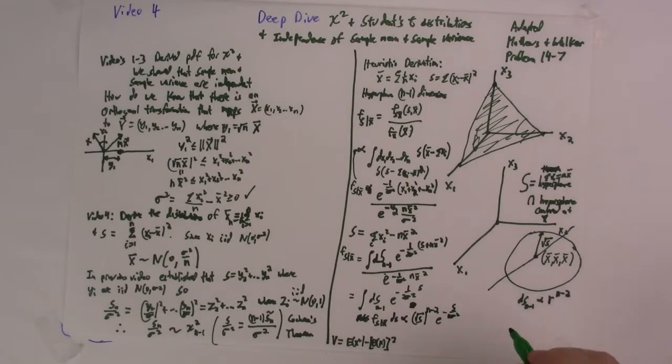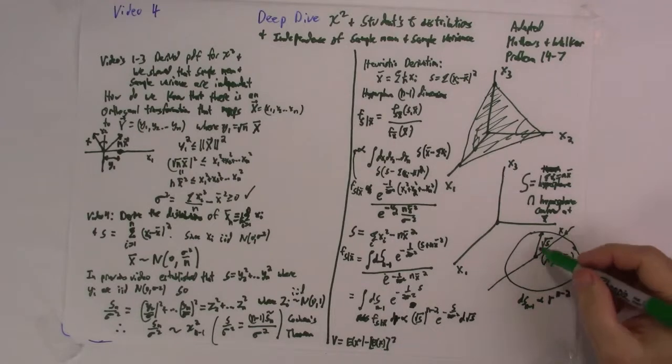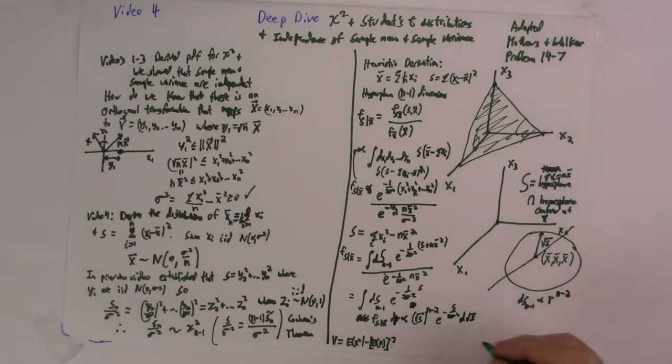And then the radius, it's going to be dr, actually d times the square root of s. I should have said dr here. But the radius is proportional to the square root of s.